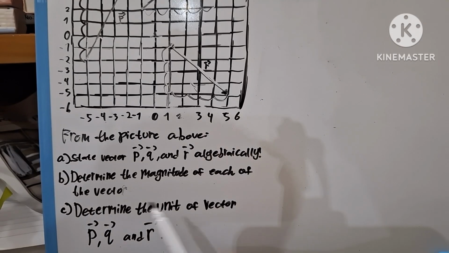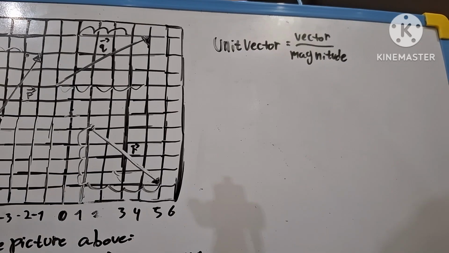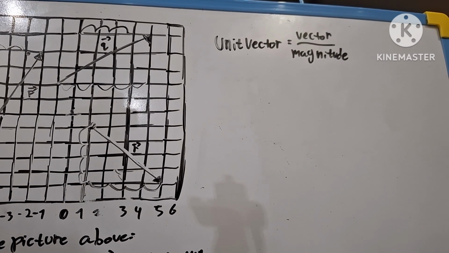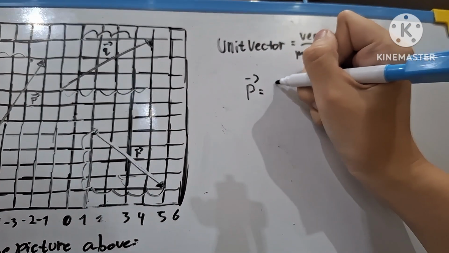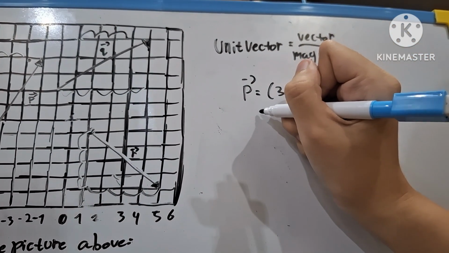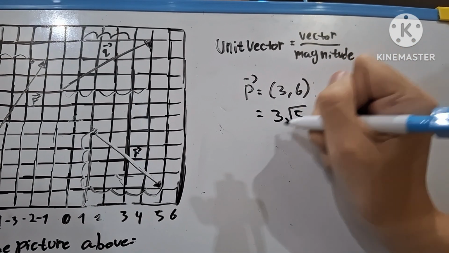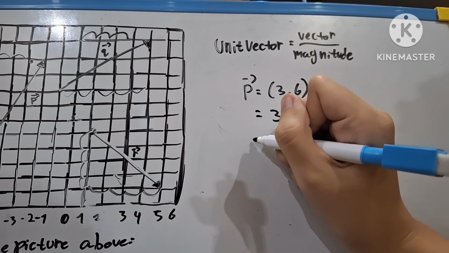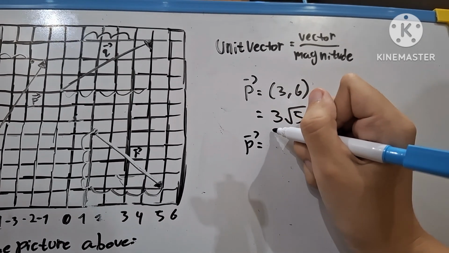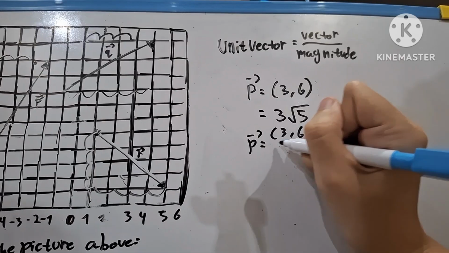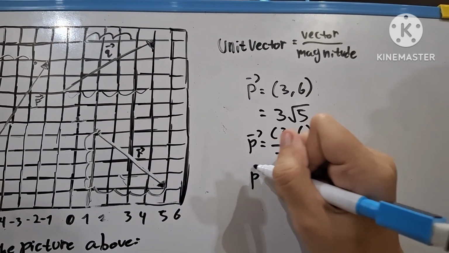Now moving on to part C, determine the unit vectors of P, Q, and R. So what we're going to do for this, starting with P, is take the results from the previous part, part A, which is 3, 6, over 3 root 5.